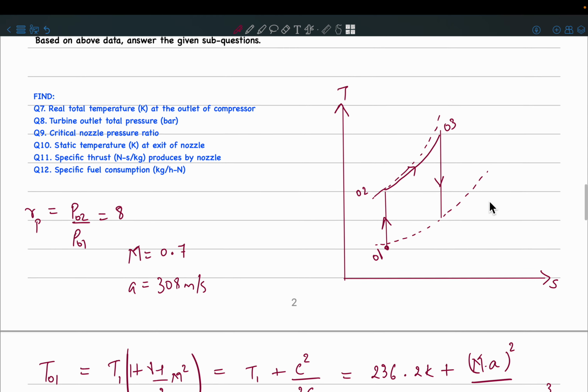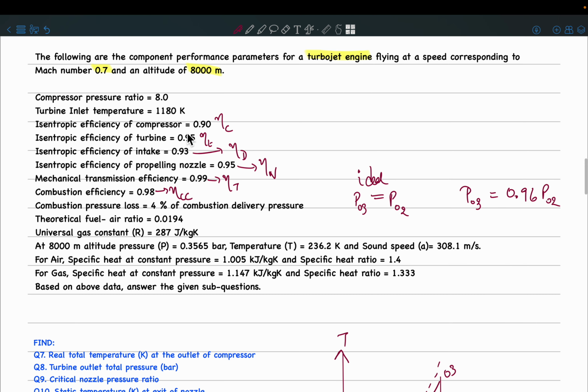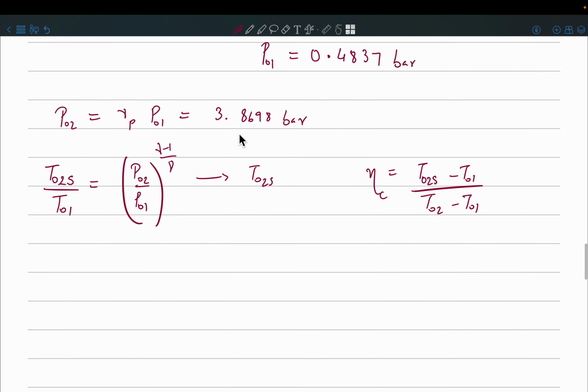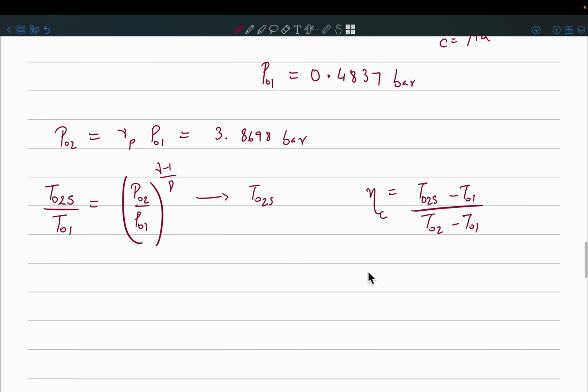Okay, so what is the compressor efficiency given to be? 0.9. So if you just plug in all these values, you can obtain T02. So what is the answer? What is the answer for T02?